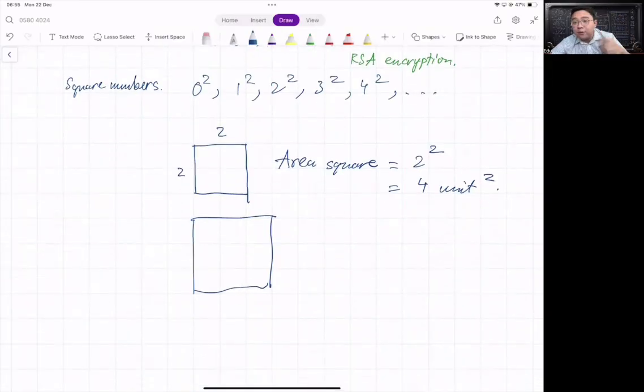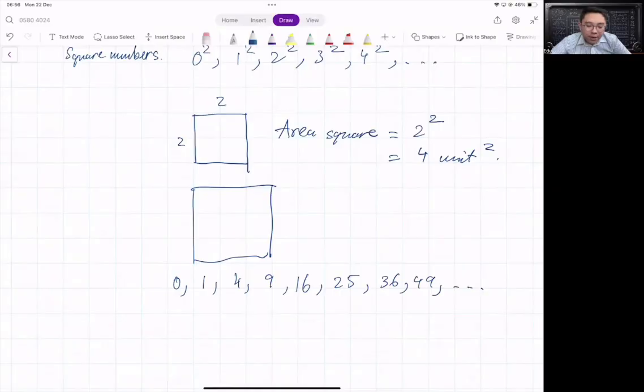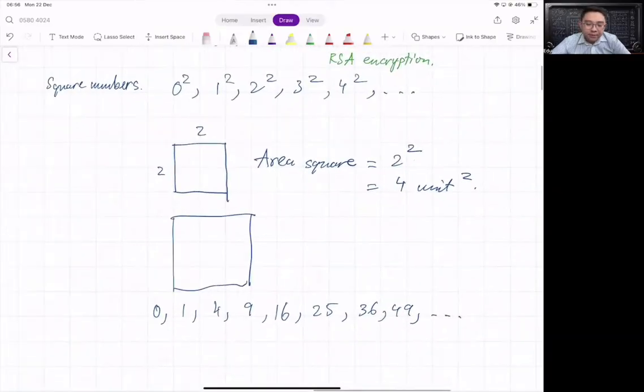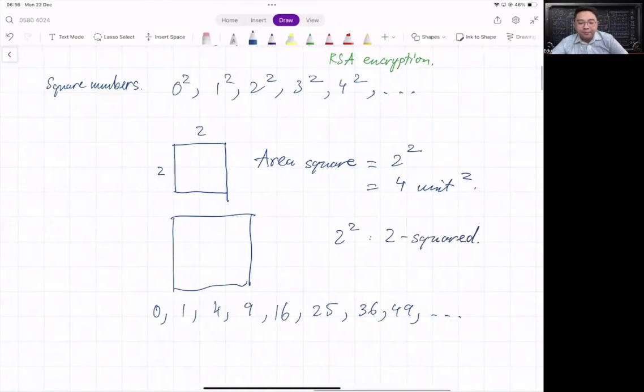So the first few square numbers are 0 squared, which is 0, 1 squared, which is 1, 2 squared, 4, 3 squared, 9, 4 squared, 16, 5 squared, 25, 36, 49, and so on. All right, those are square numbers, which is also the reason why this is called 2 squared.